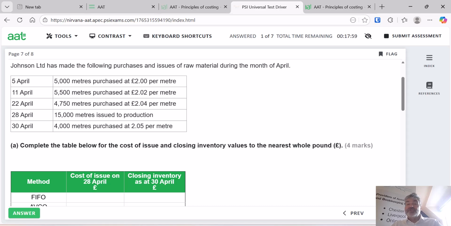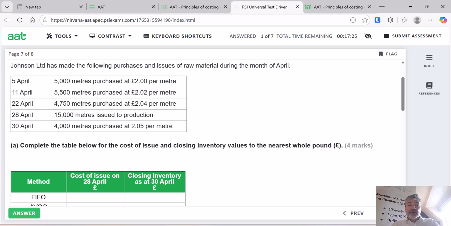We still need to draw 10,000 metres from inventory. Where would we draw them from next? What is now the oldest inventory? It must be the 5,500 metres that were bought on the 11th of April at £2.02. Working out the value of those, 5,500 times £2.02 is £11,110.